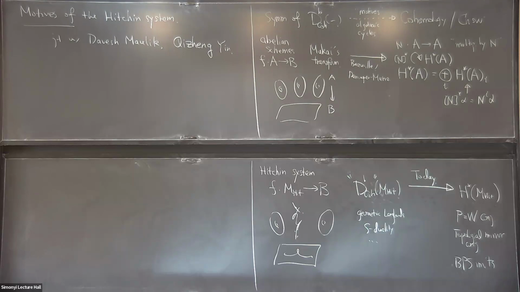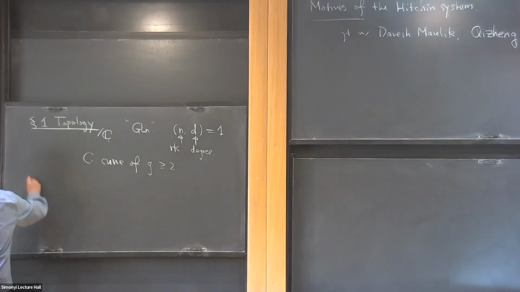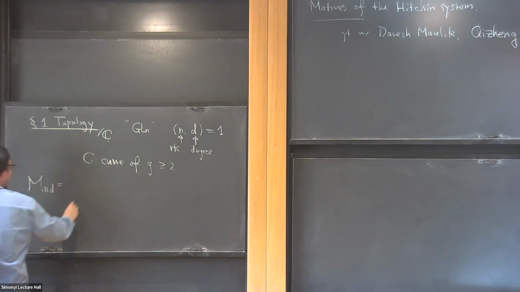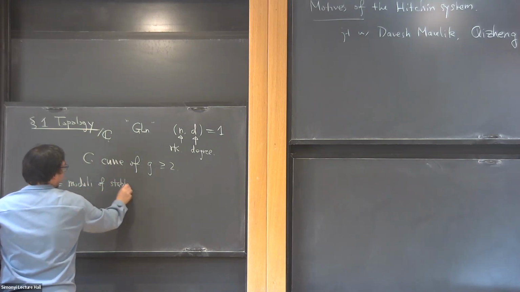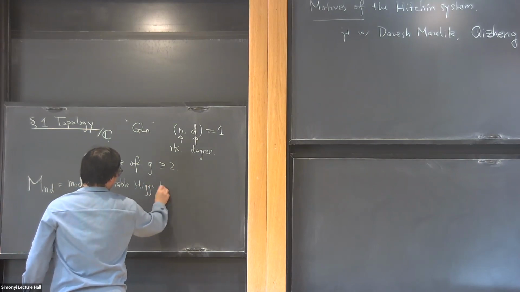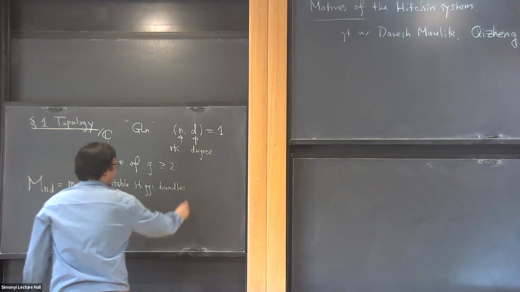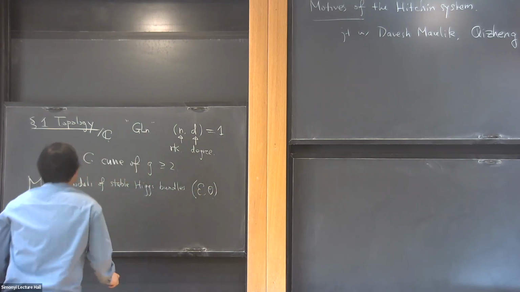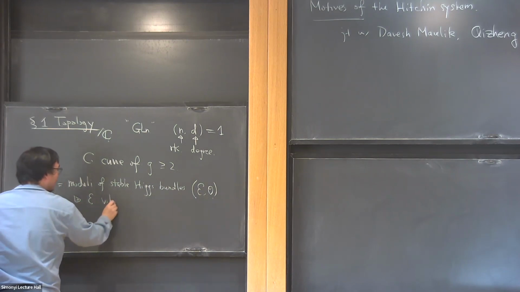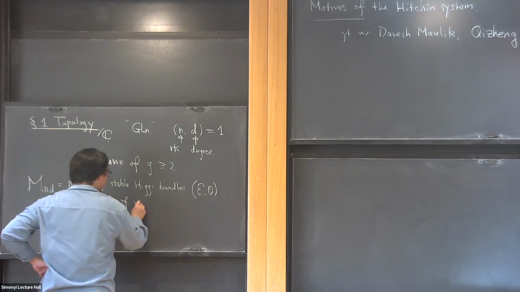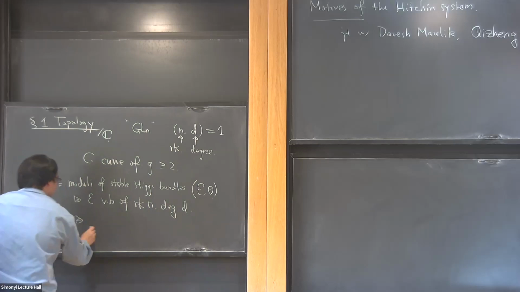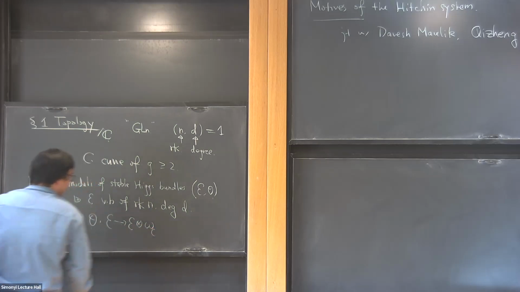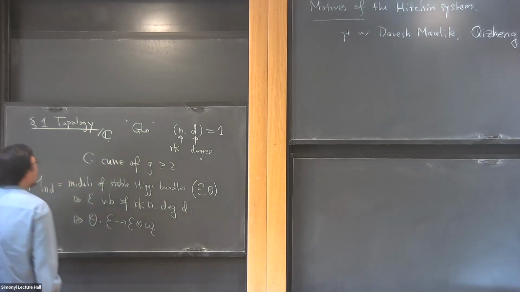So to indicate the dependence on n and d, we use M_{n,d} to denote the moduli space of stable Higgs bundles, which are pairs (E, theta), where E is a vector bundle of the given rank and degree, and theta is a Higgs field, which is an endomorphism of the bundle twisted globally by the canonical bundle of the curve.